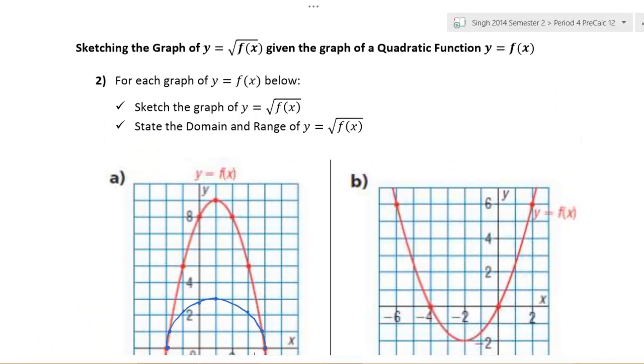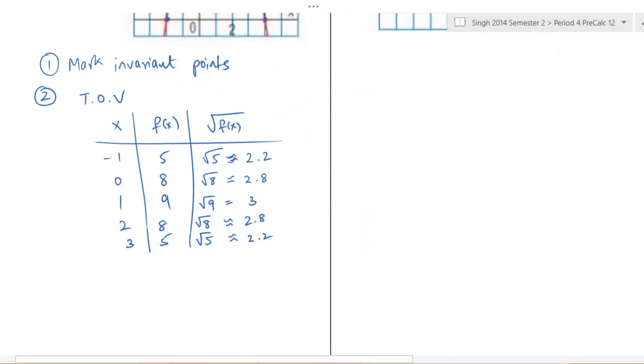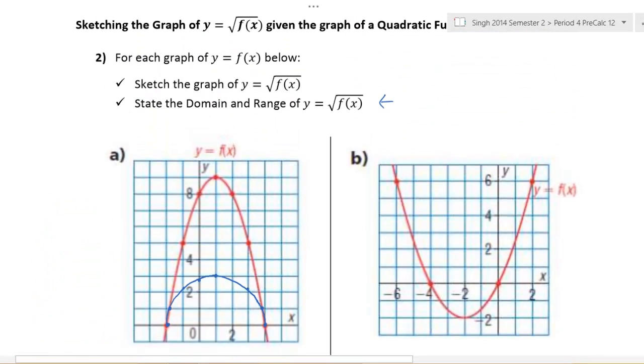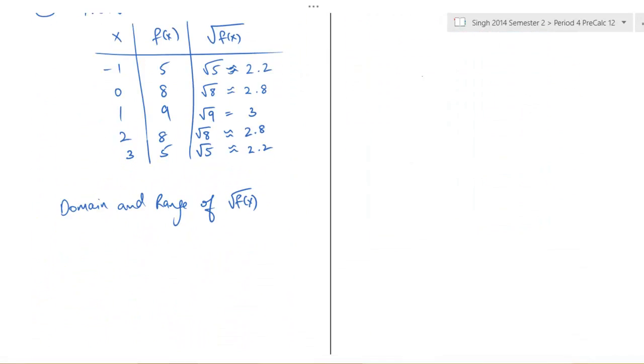The next part that we need is we want to state the domain and range of our new function. So looking at our new function, the domain and range of the square root of f of x are going to be, so the domain.